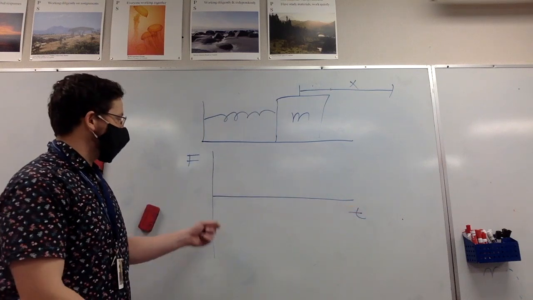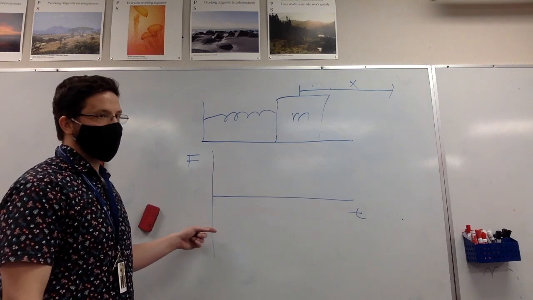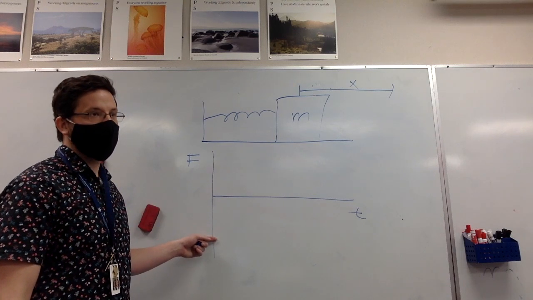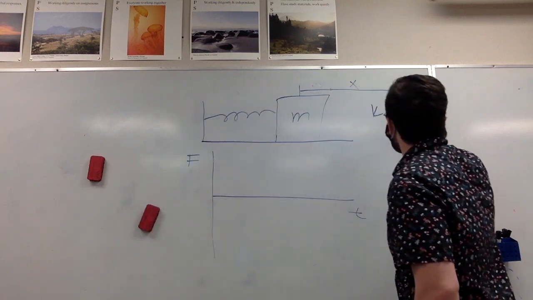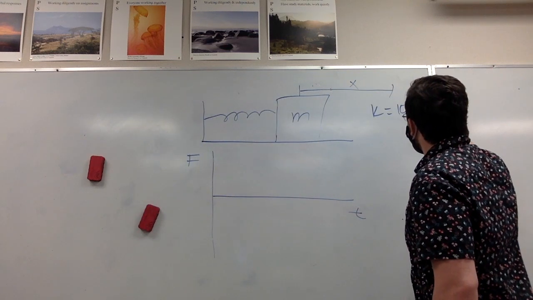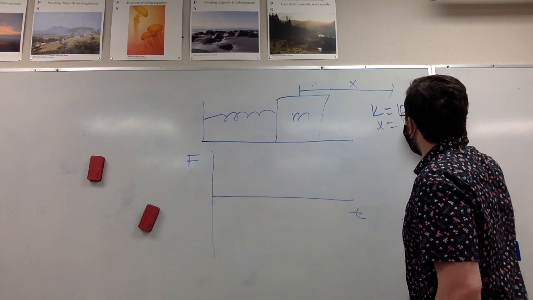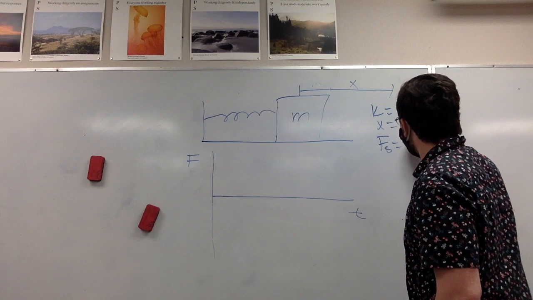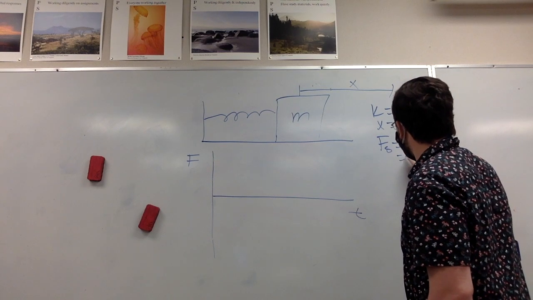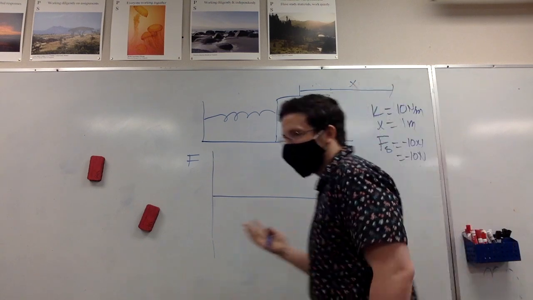So let's say I pulled it in the positive direction. So the force would be negative, right? We could put some numbers in. I don't know, we could say k is 10 newtons per meter and x was 1 meter, just to make it easy. So the force at the beginning would be negative 10 times 1, which gives me negative 10 newtons, right? Isn't that the force it would feel?